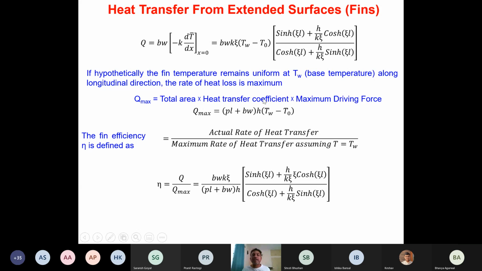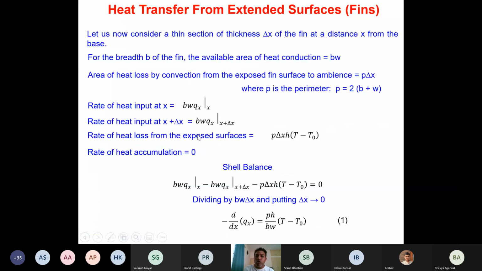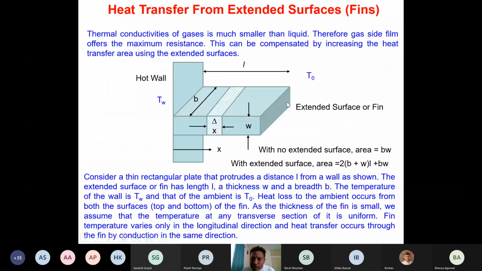So fin efficiency is directly obtained here. This is Q divided by Q max, which is nothing but (PL plus BW) into H (TW minus T naught). Here you can see this additional BW is coming in because now we are also accounting for the heat transfer by this surface. Remember, while calculating for this particular element, we have not accounted for it because there is no surface exposed to the ambient.